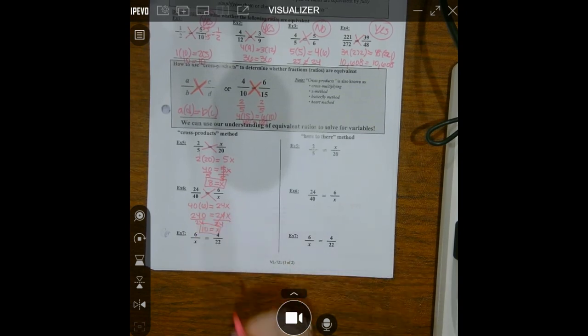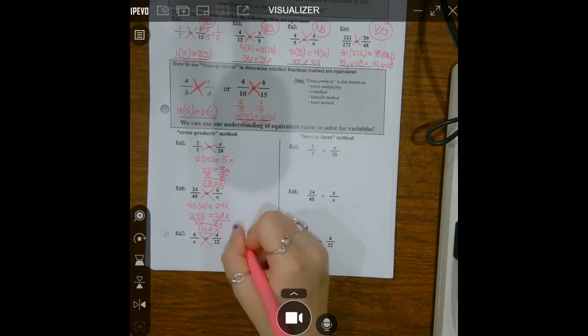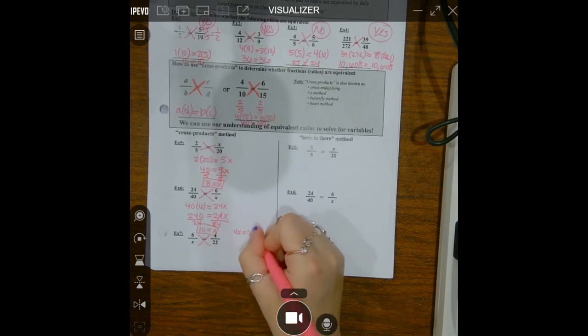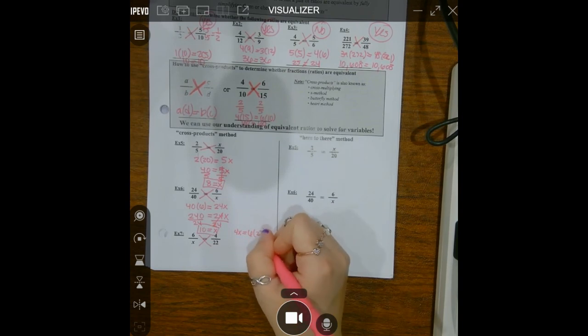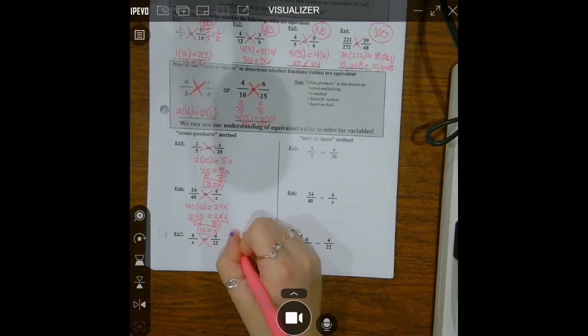Okay, last one here. If you haven't tried any yourself, please try this one on your own. Now that you're back with us, you have 4x equals this times this, which is 6 times 22. So when you plug in 6 times 22, you get 132.